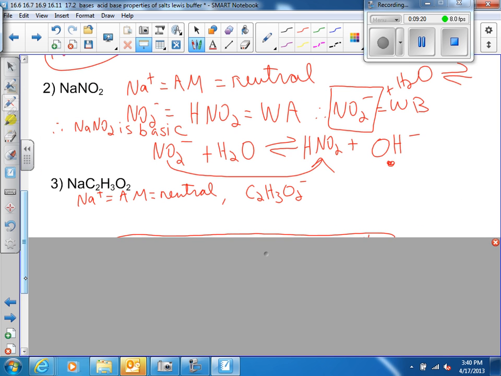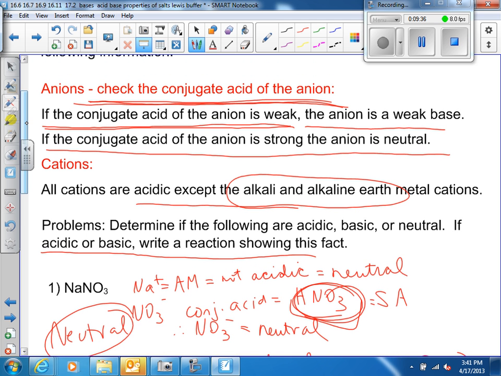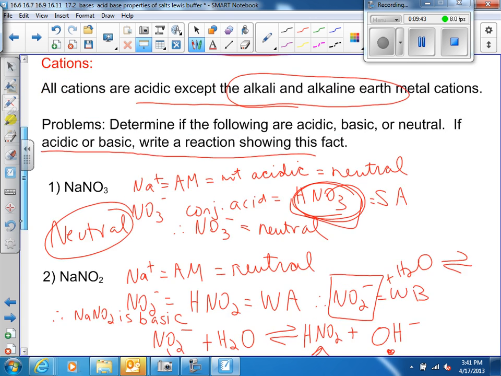The conjugate acid is HC2H3O2. Is that a strong acid? No, it's not on our list. That is a weak acid. And anions whose conjugate acid is weak are weak bases.